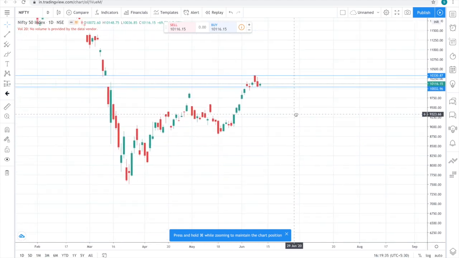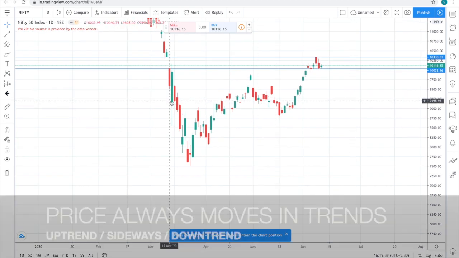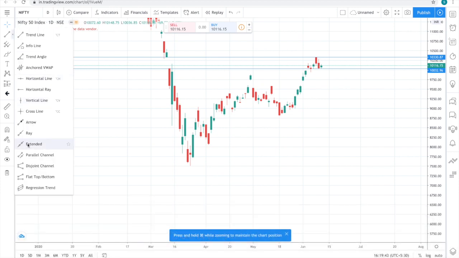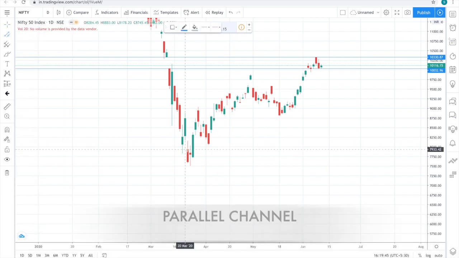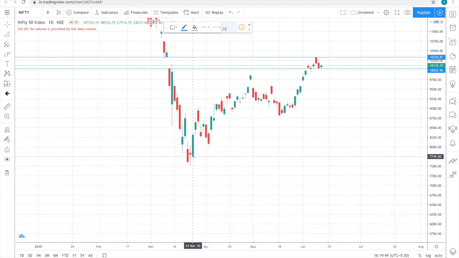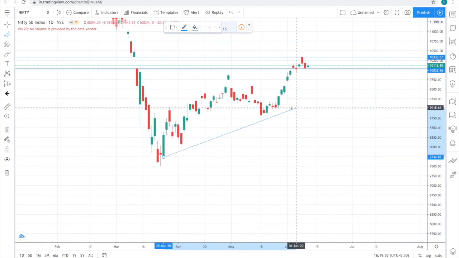So how do you find support and resistance for an uptrend, right? Or uptrend, sorry. So what I do is I go here, select parallel channel, then find the lowest point or the point where the uptrend has started, and you try to cut through as many candles as possible, but not the bodies.